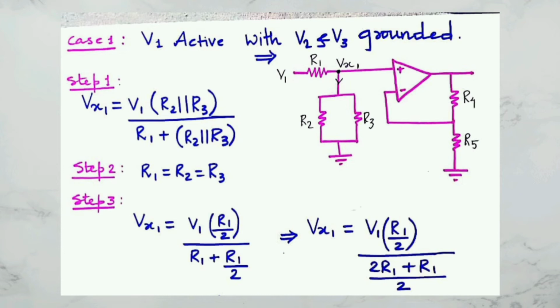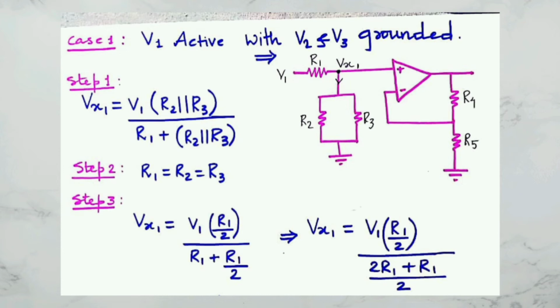Step number 2: R1 is equal to R2, which is equal to R3. Now step number 3, by substituting R2 and R3 as R1, Vx1 is equal to V1 times R1 by 2.